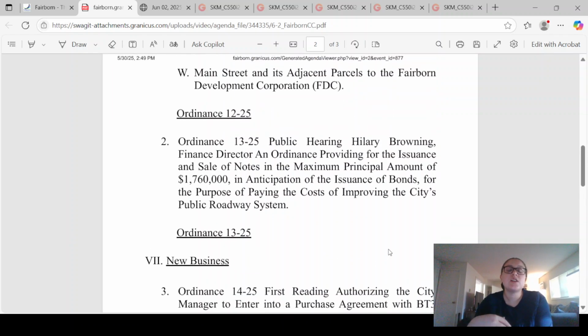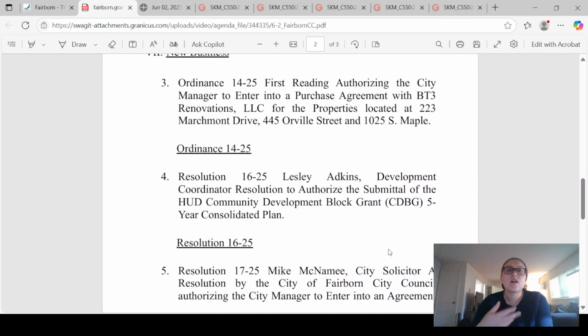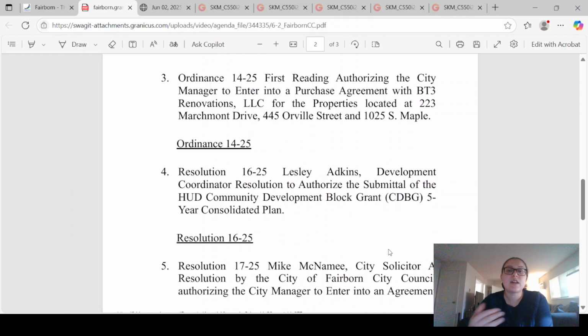There's usually presentations for each one of these items. So the public gets to comment on the first hearing, after the ordinance has been read, they get to comment after that, and they also get to comment before the council votes on the second hearing and the third hearing.